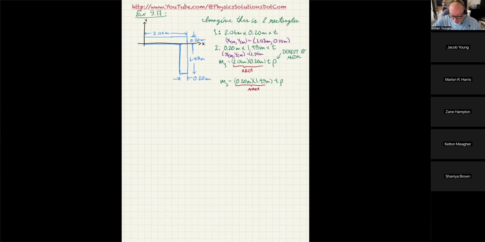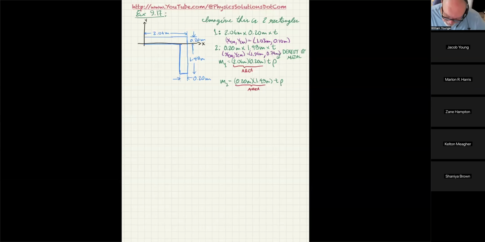That's how far the x coordinate of the center of mass of the vertical rectangle is over from the y-axis. It's 1.86 to the inside edge, and then we add another 0.1 meter to account for half of the width of it. And then the other coordinate, of course, is down by half of 1.48, which would be 0.74. So 0.74.